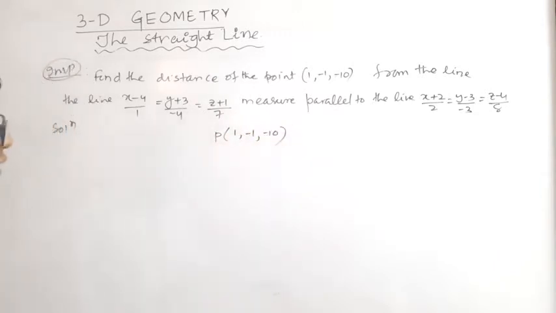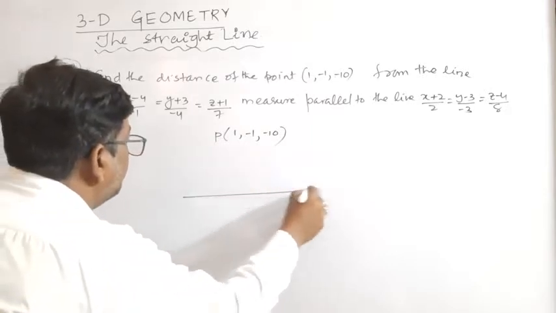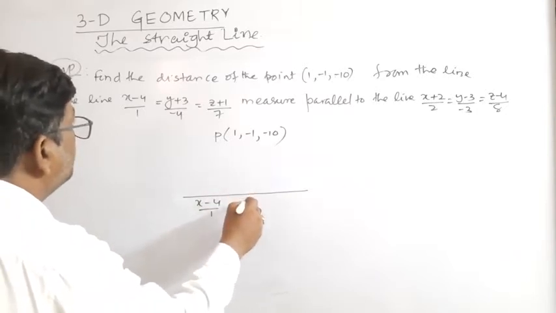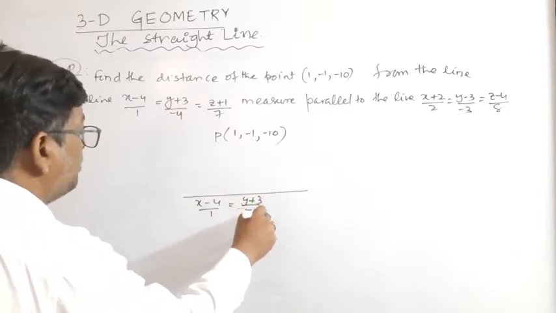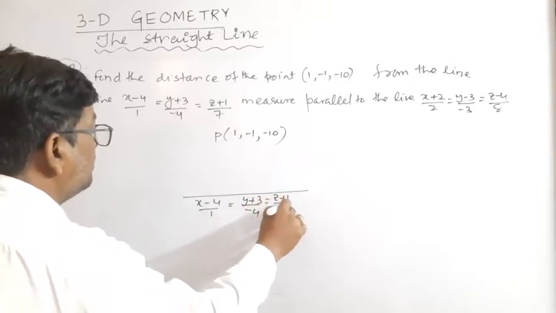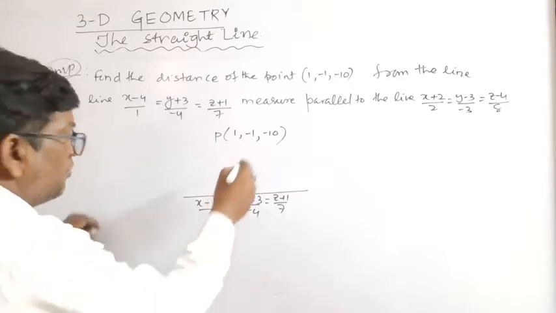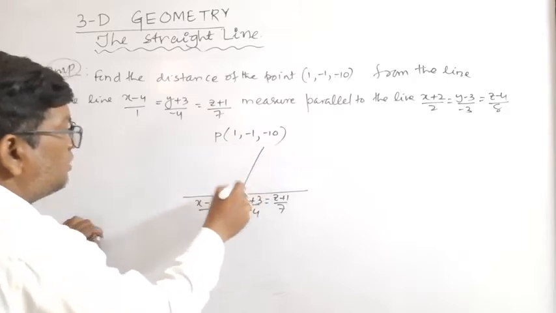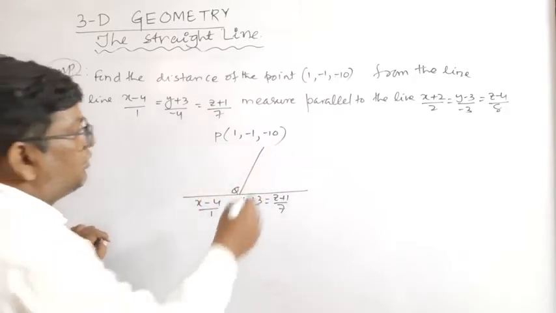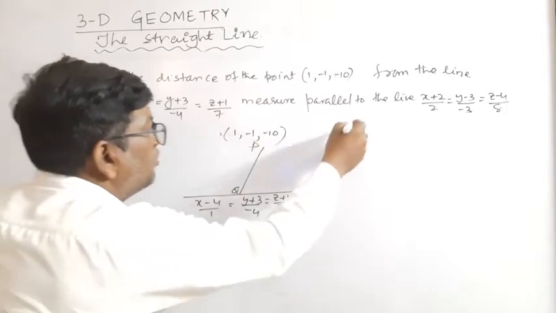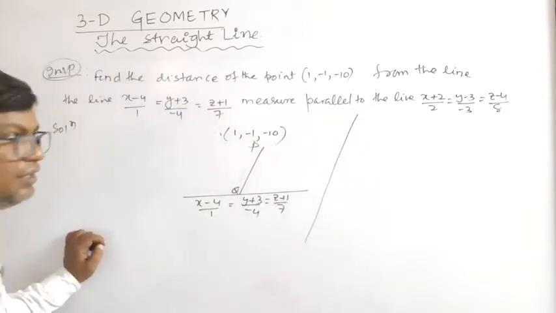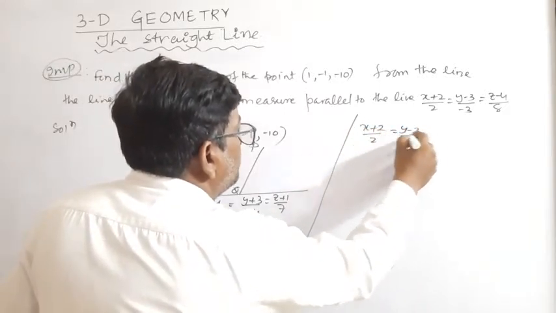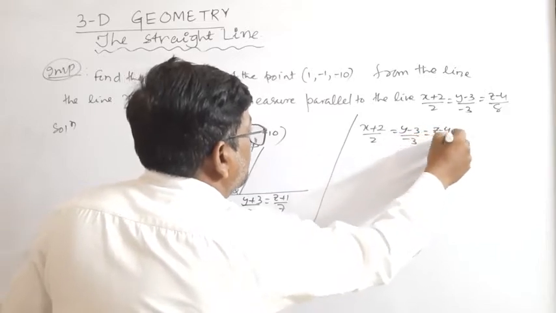Okay, and the line is here: x minus 4 by 1 is equal to y plus 3 by minus 4 is equal to z plus 1 by 7. Clear? Suppose this is the point P and this is PQ. PQ is parallel to the given line (x plus 2) by 2 is equal to (y minus 3) by minus 3 is equal to (z minus 4) by 8.